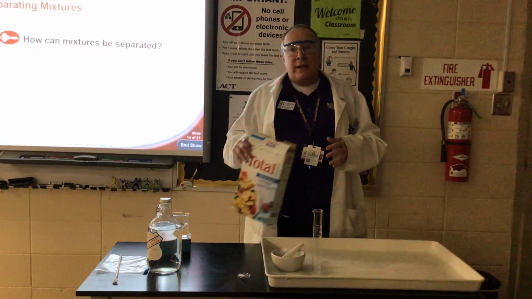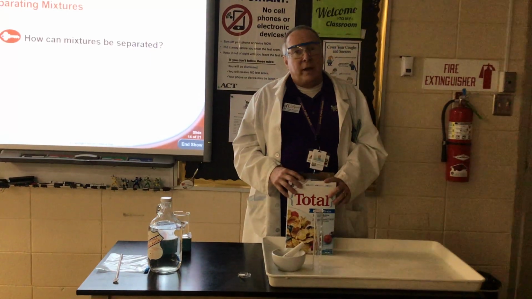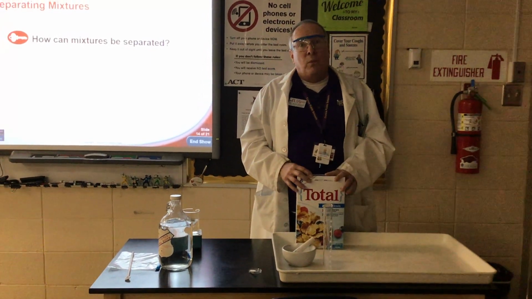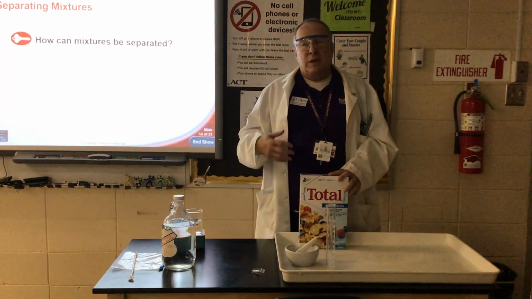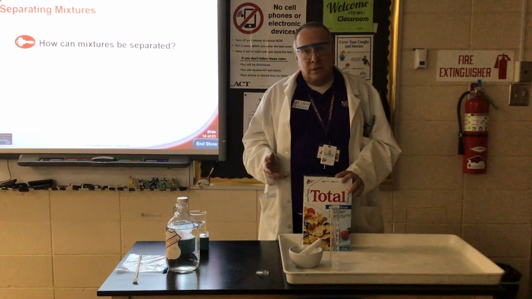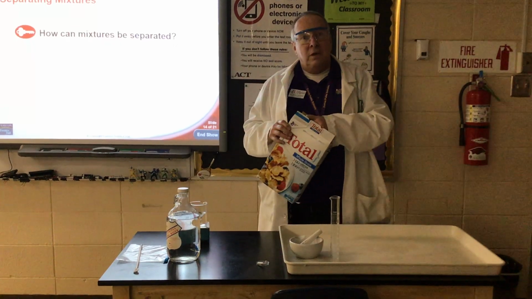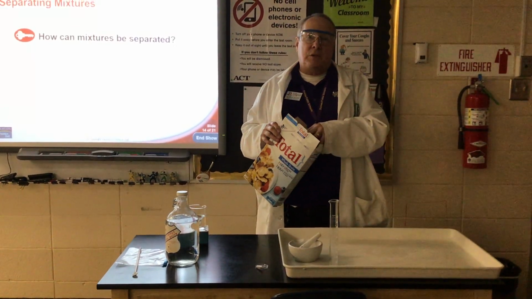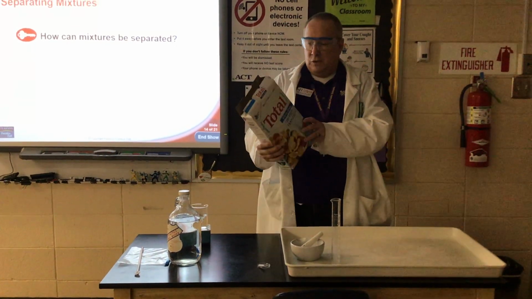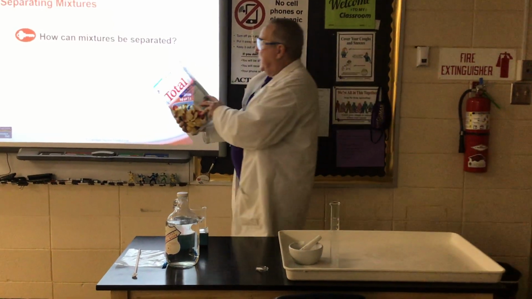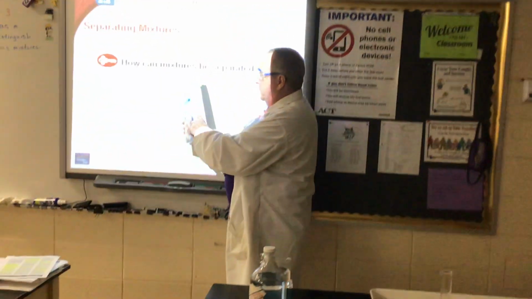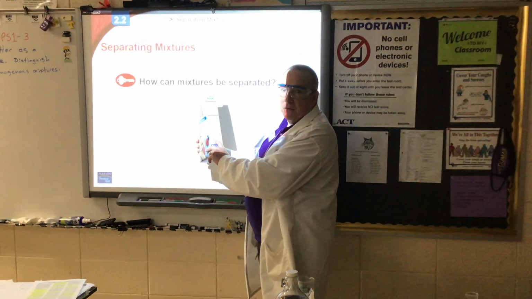So you might call a bowl of cereal a heterogeneous mixture, where you have milk and cereal mixed together. But let's just talk about the cereal itself. This Total you might consider a homogeneous mixture. It's a mixture of many different ingredients. You can read those ingredients on the side of the box.